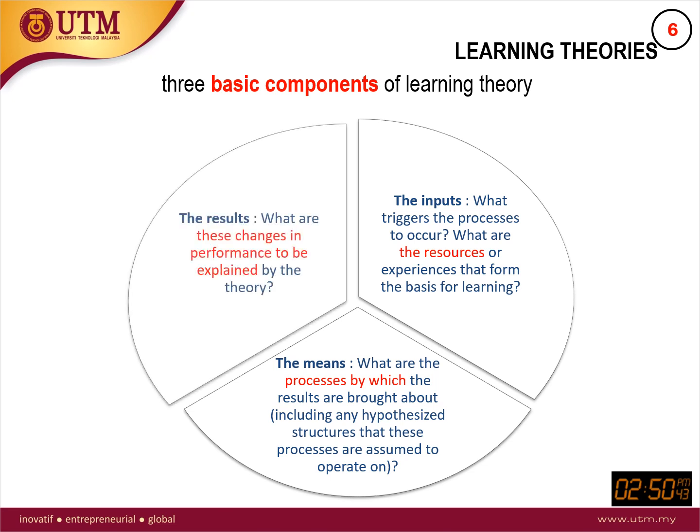And then finally, we have the results. The results are the changes that occur in our students or individuals that we are teaching. So what are these changes in performance to be explained by the theory? These are the three main categories that we need to consider in any learning theory.